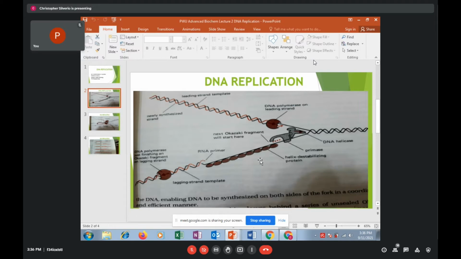Are you familiar with this nitrogenous base? The different types of nitrogenous base? Michaela? Yes, po. And what are they? Purines and pyrimidines, Doc.